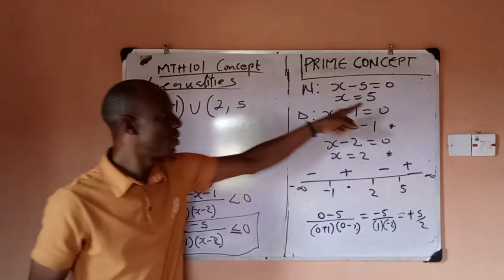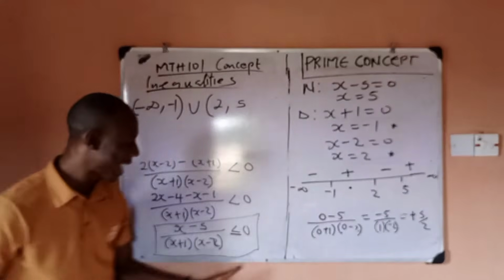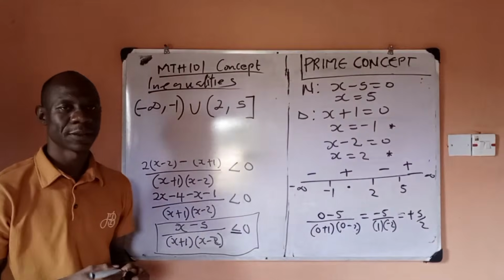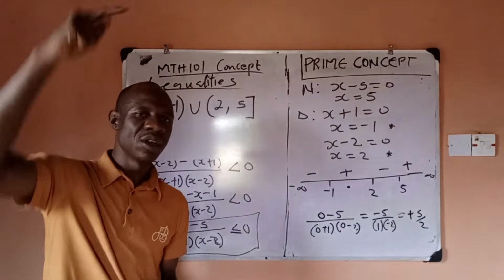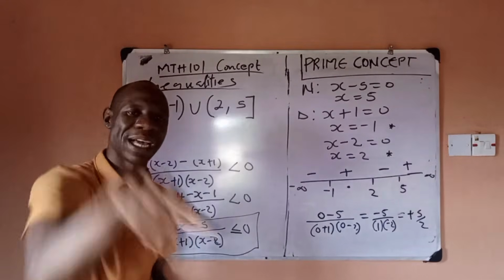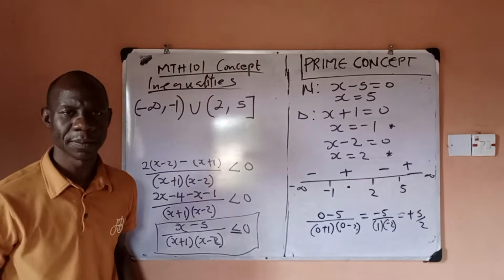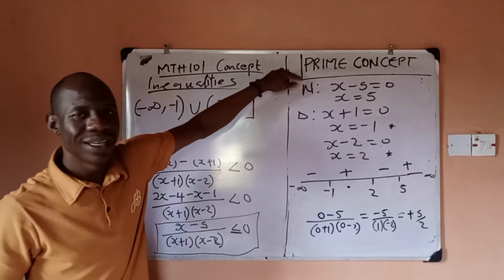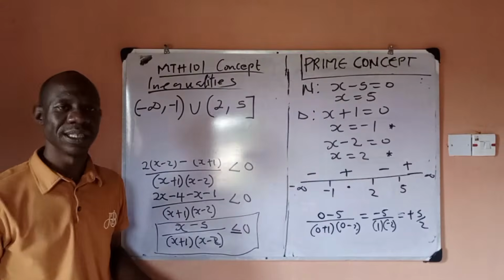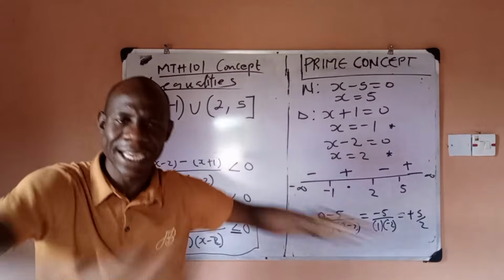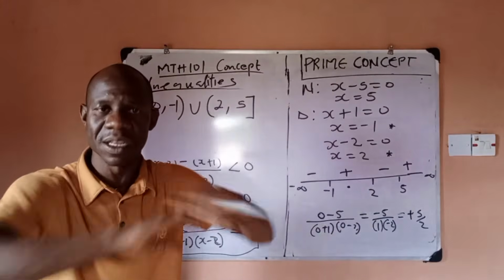Numerator. So because 5 is coming from numerator and I have or equal to, I'm going to now use close brackets. Because numerator, the kind of bracket your numerator uses is dependent on your inequality. The type of bracket you use for your numerator is dependent on your inequality. But your denominator uses only open bracket. Denominator uses only what? Open bracket.